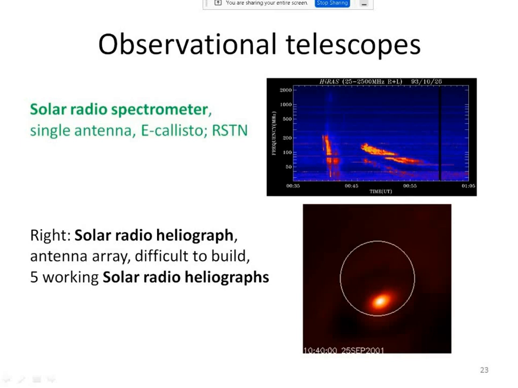It is a little difficult to build, but instead of a single spectrum, we can actually know where the source is and how strong it is. Of course, they can also observe a spectrum like this, but they can also tell where the source is on the sun. For example, this is an image from NRH, which is a radio heliograph.